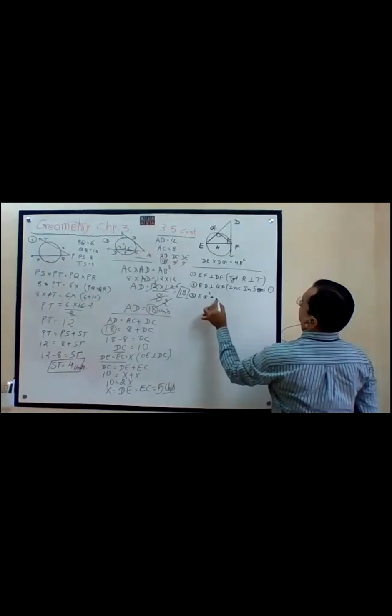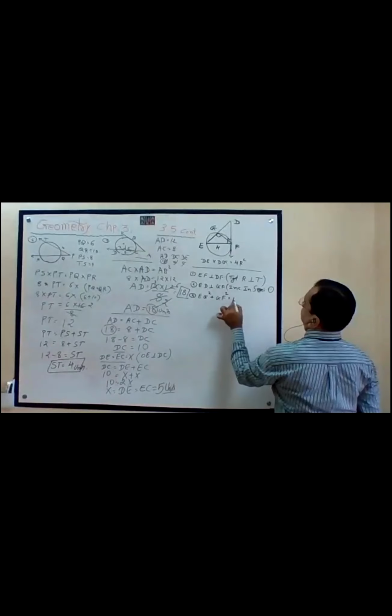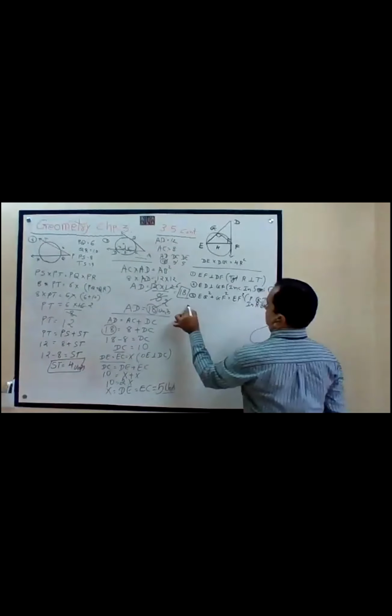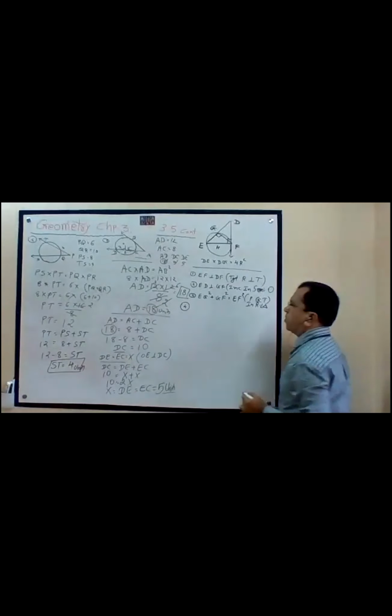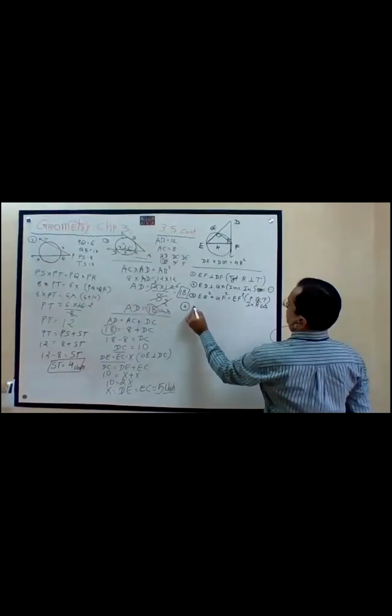EG square plus GF square is equal to EF square. Pythagoras theorem in right angle triangle. Fourth, EG will be EG only.